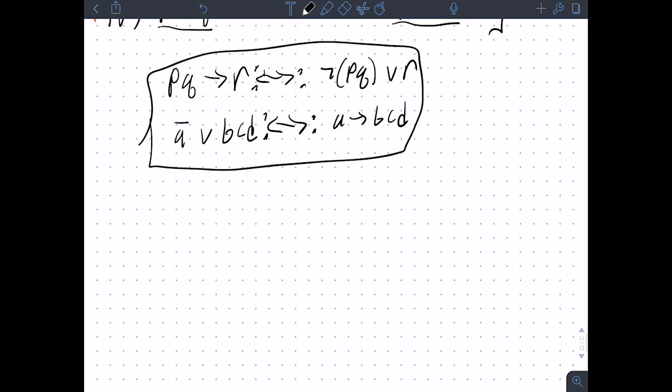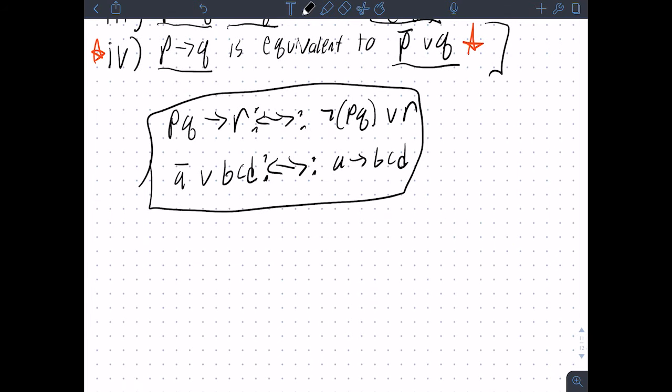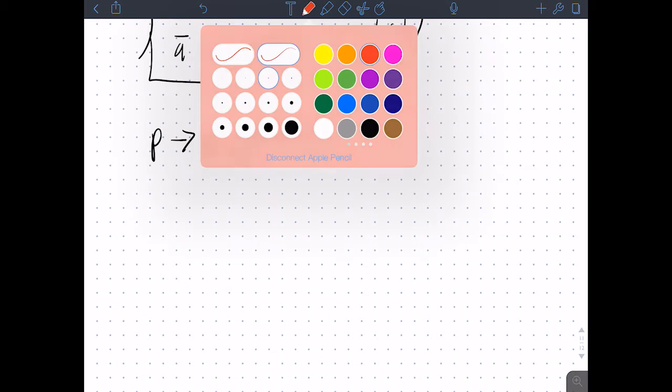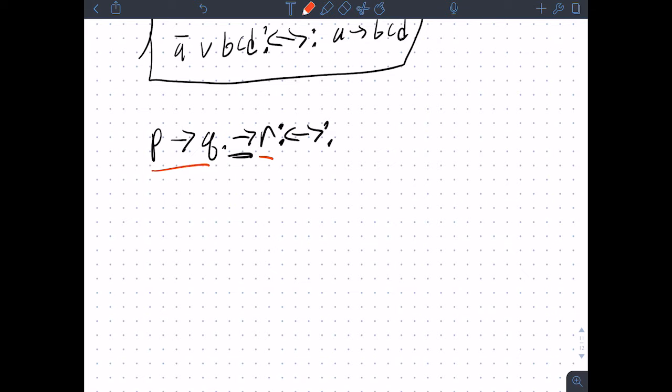And obviously, for the 4th rule for eliminating conditionals, if we have something more complicated like this, this would be equivalent to, so here the whole thing's a conditional, and this is the antecedent and this is the consequent.